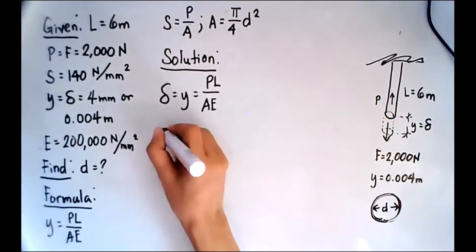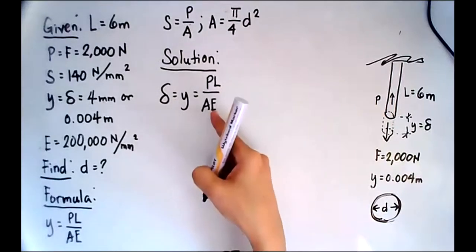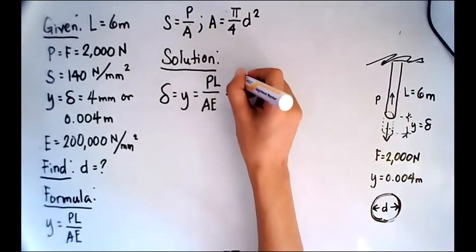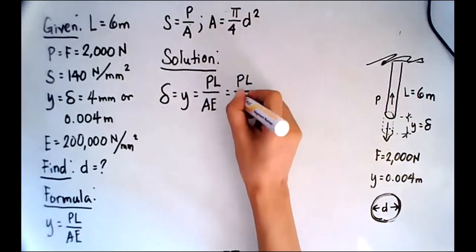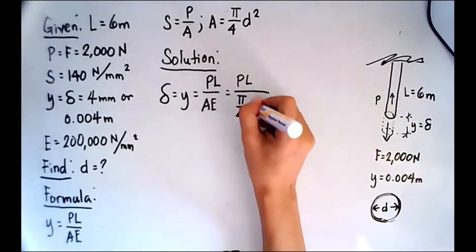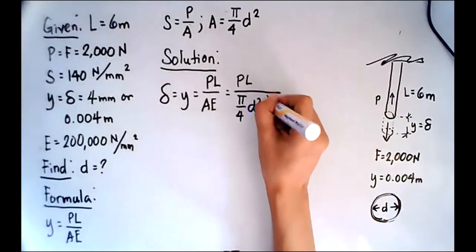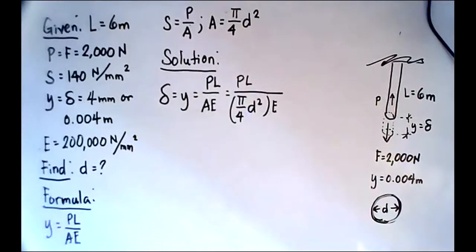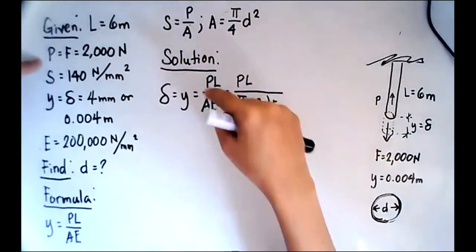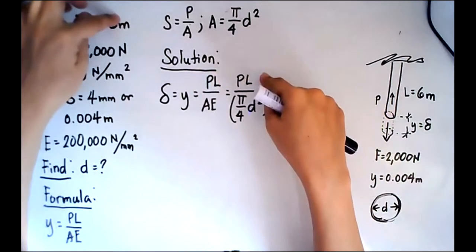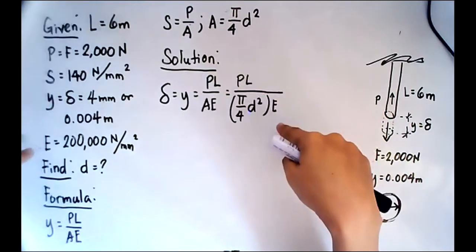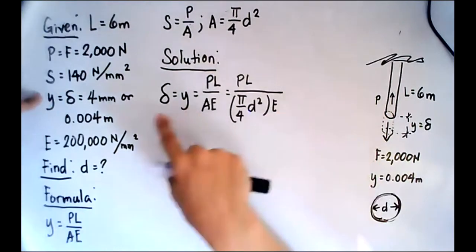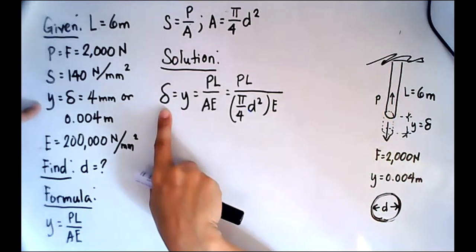And take note that if we are going to substitute the formula for the area, that is PL over pi D squared over 4 by E. Okay? Di ba? So you have the value for P, you have the value for L, you have the value for modulus of elasticity, and you have the value for the deformation, di ba?